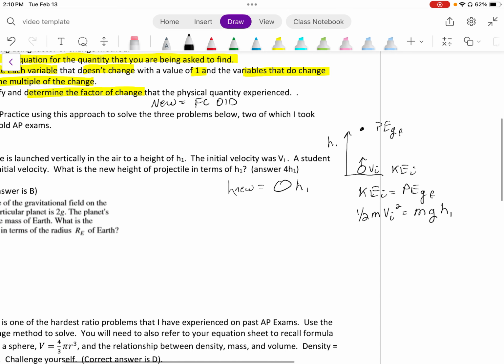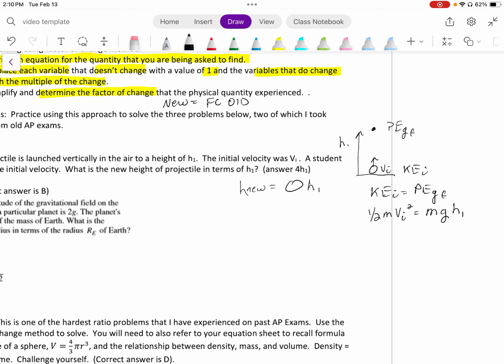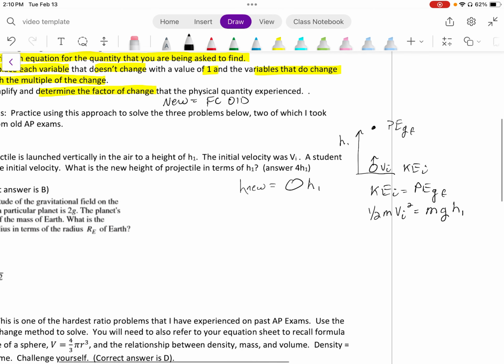And we're interested in how all of these changes impact the height. So solve for H, mass cancels. H1 is equal to 1/2 V initial squared, and then we have to divide by G.